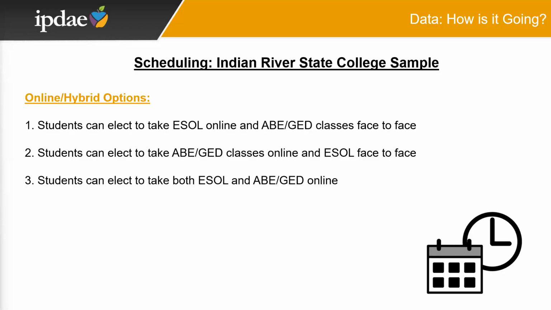Students can also elect to take both online and face-to-face. Especially with ESOL, we always encourage our students to schedule face-to-face classes when they can, but we do understand that sometimes it's not feasible based on their family life, their work life. But we do, again, encourage that.